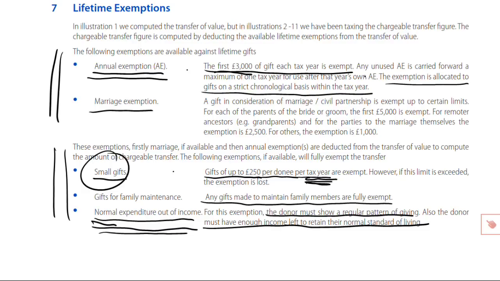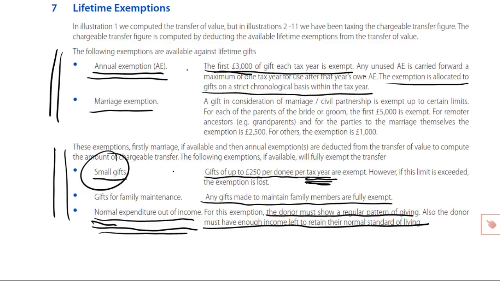So that would therefore seem to suggest that if you were planning within a tax year to make both PETs and CLTs, then as PETs you hope, those PETs will not become chargeable to tax because you've got every desire and wish and plan to last for at least 7 years, then it would be sensible to ensure that it is the CLT that uses up the available annual exemption, because that is chargeable there and then. So you'd plan to make CLTs earlier in the tax year prior to any PETs being made.